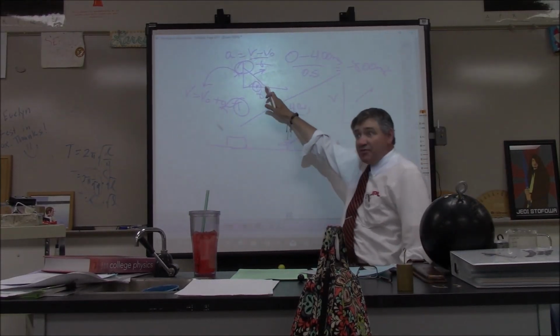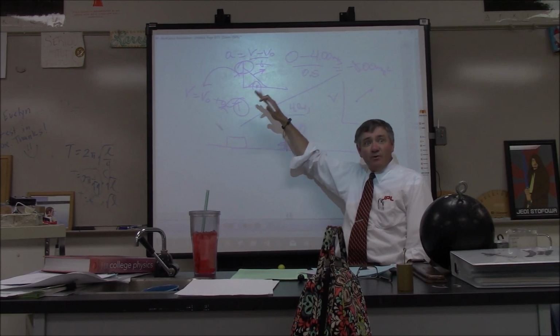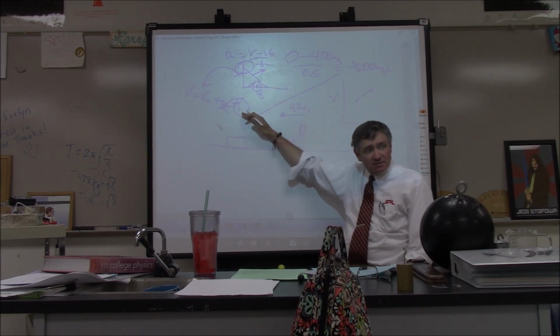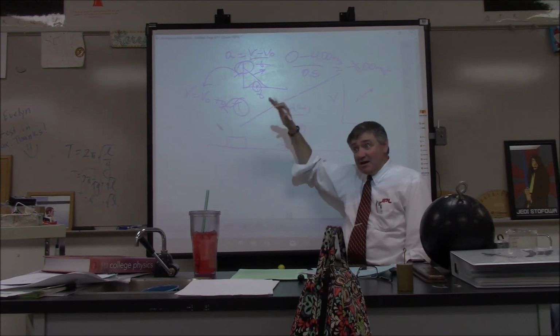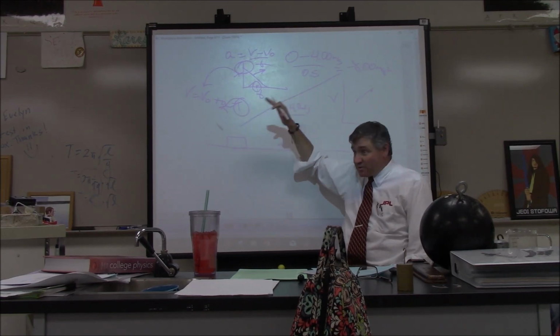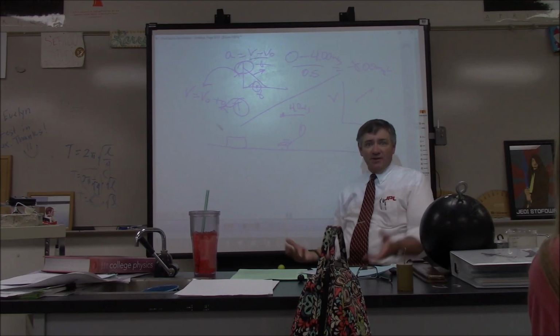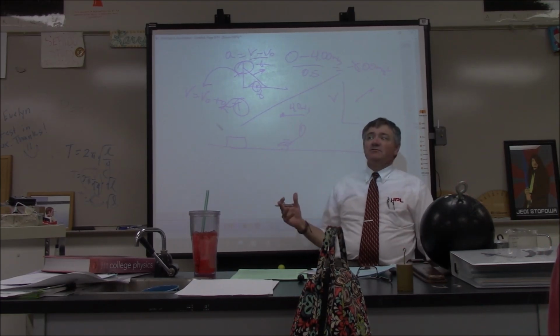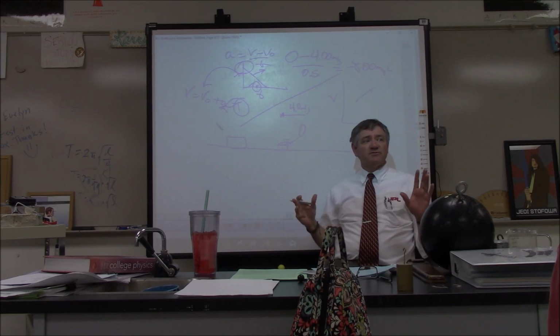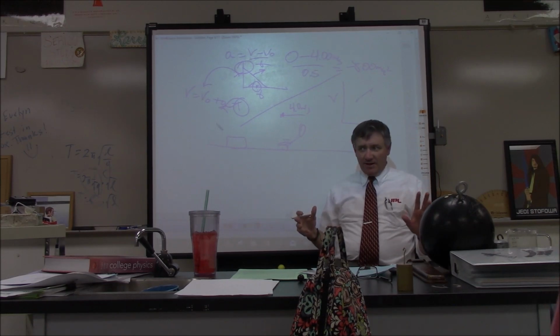This is nothing but a slope-intercept equation. That's all it is. Okay? We call it physics, but this is basically a linear equation with the slope-intercept form that we're calling time and velocity as opposed to x and y. That's all it is. Don't lose the forest for the trees.